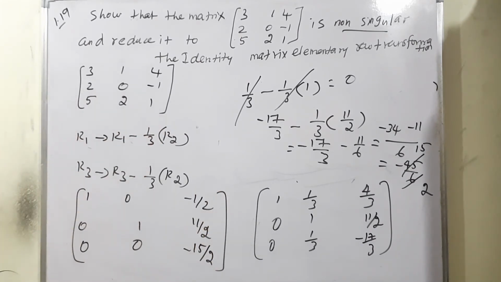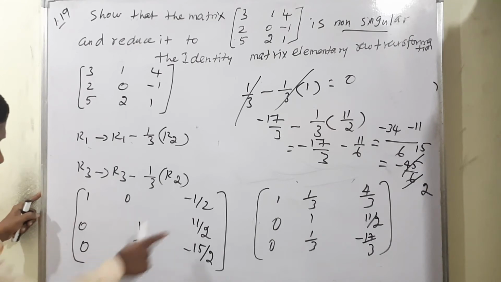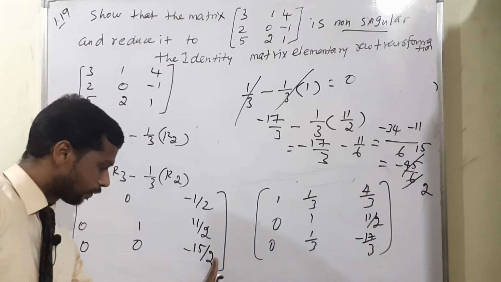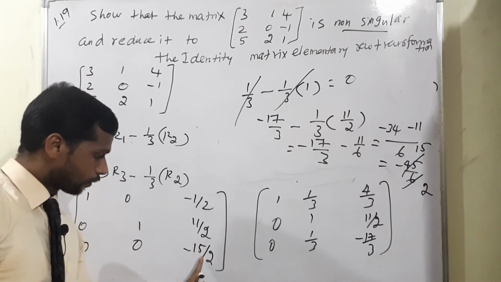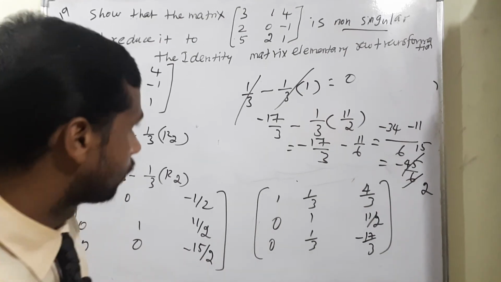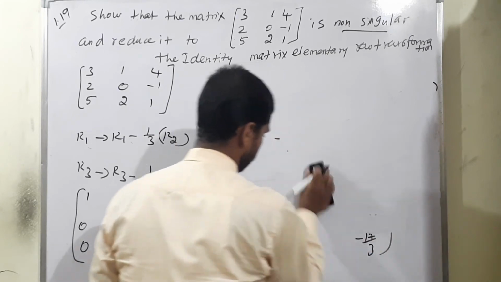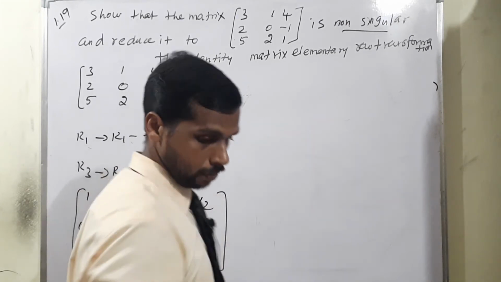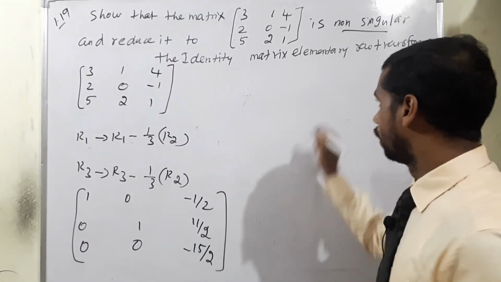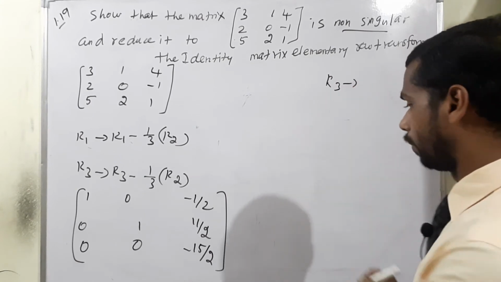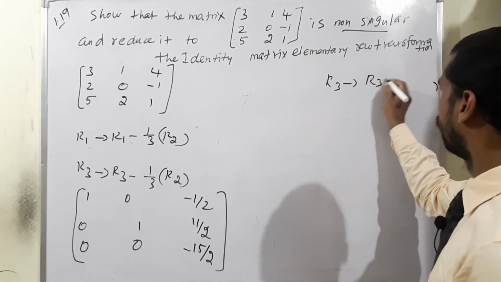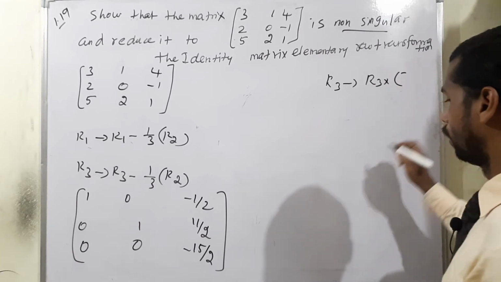So now what we have to do? The first one under the term 0, center also okay. Third only we have to make it, we have to show value will be 1. So now first R3 we have to modify: R3 gives R3 into minus of 2 by 15.